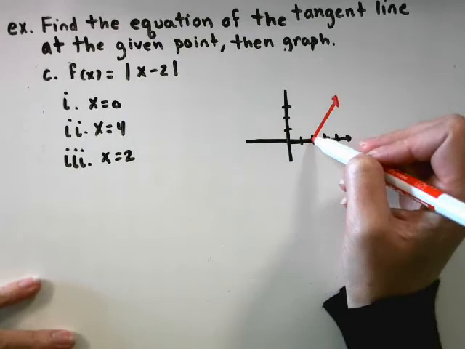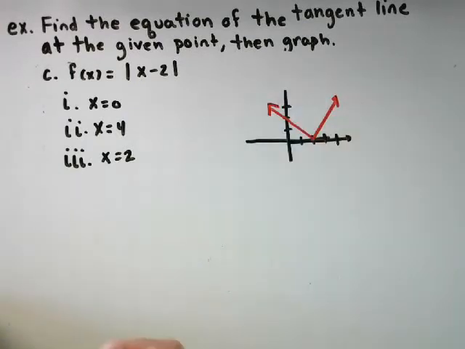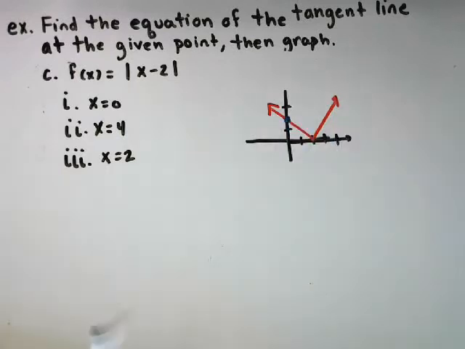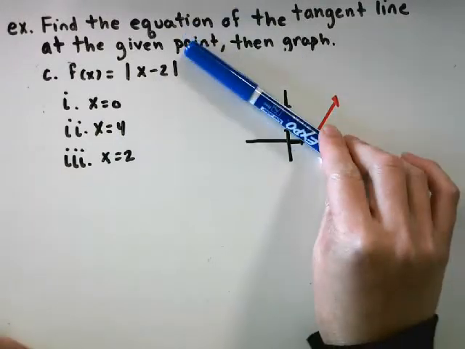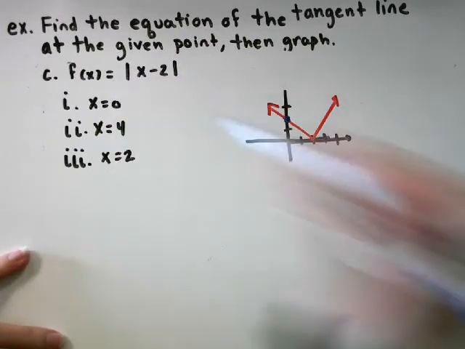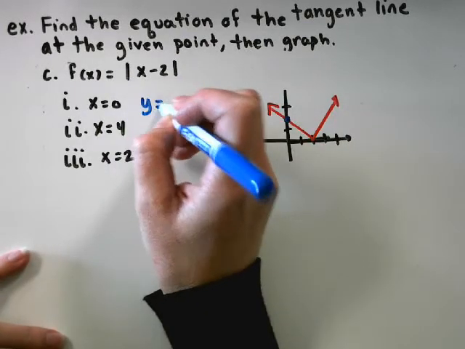The tangent lines are going to match the slope of the graph. So if I go to 0, the tangent line is going to match that half of the graph. So it's actually just this line. So this is going to be y equals negative x plus 2 for that part of the graph.